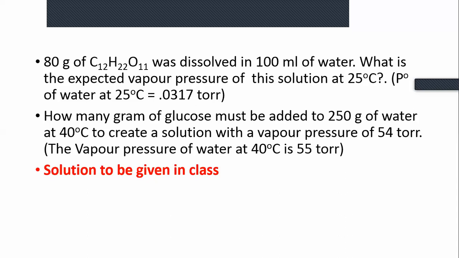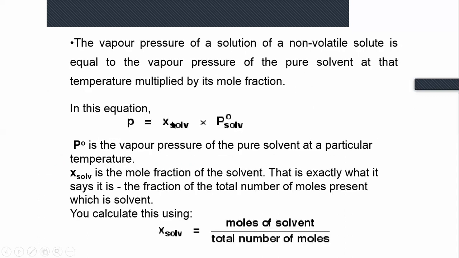First of all, we know that now we have glucose. Is glucose volatile? No. So we are going to use this formula. The vapor pressure of a solution of a non-volatile solute is equal to the mole fraction of the solvent multiplied by the vapor pressure of the solvent.